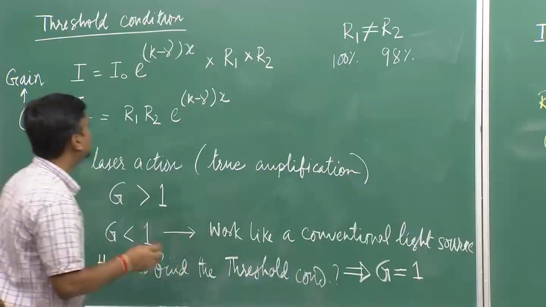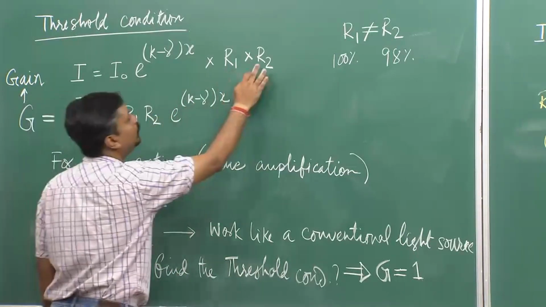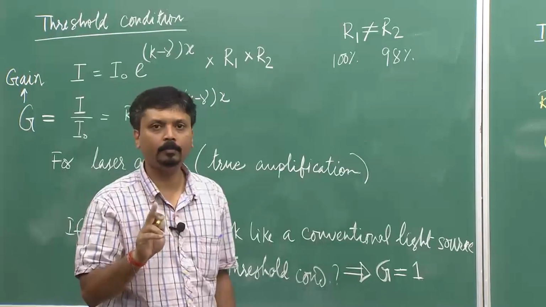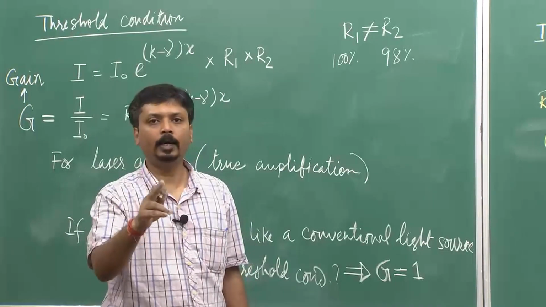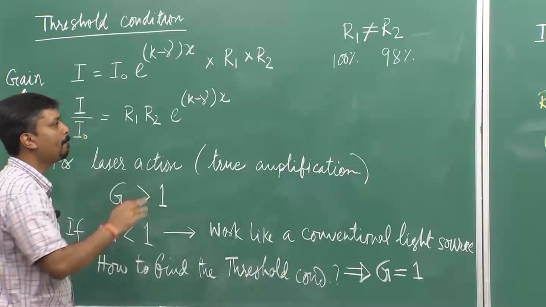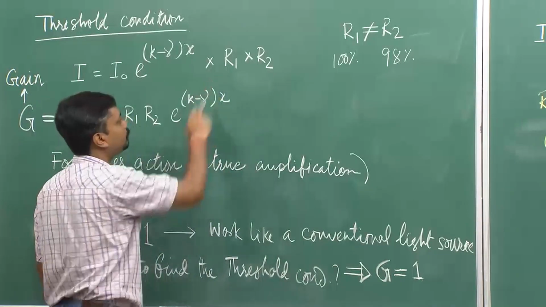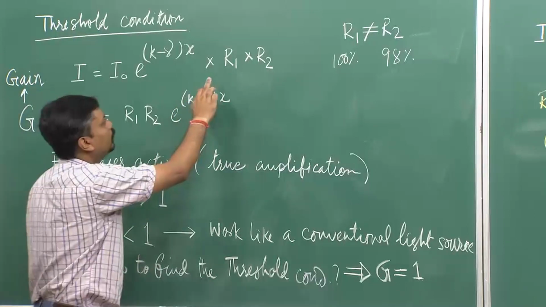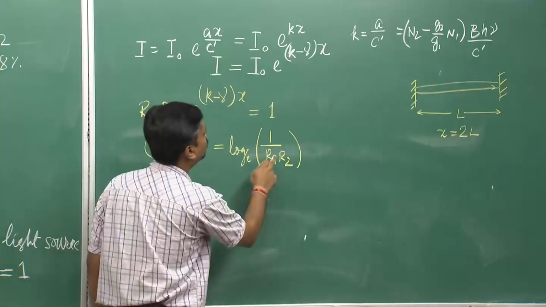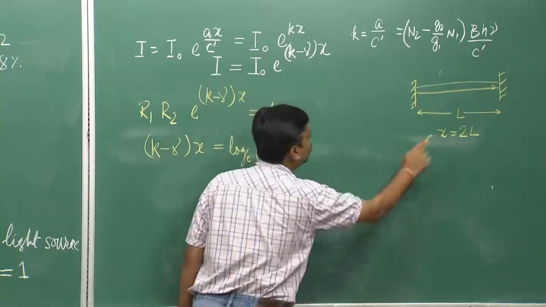If you look at this expression where we introduce this R1 and R2, it should tell you clearly that we are considering a round trip, okay. Without a round trip, I cannot complete one wavelength even, okay. So, for that we are having this x equals to 2L.